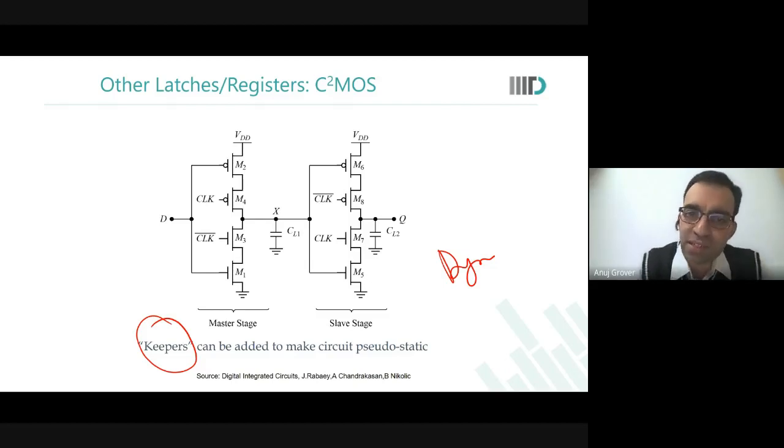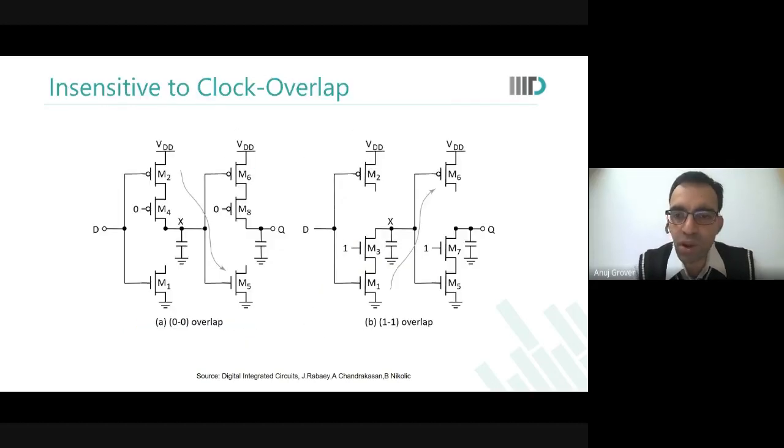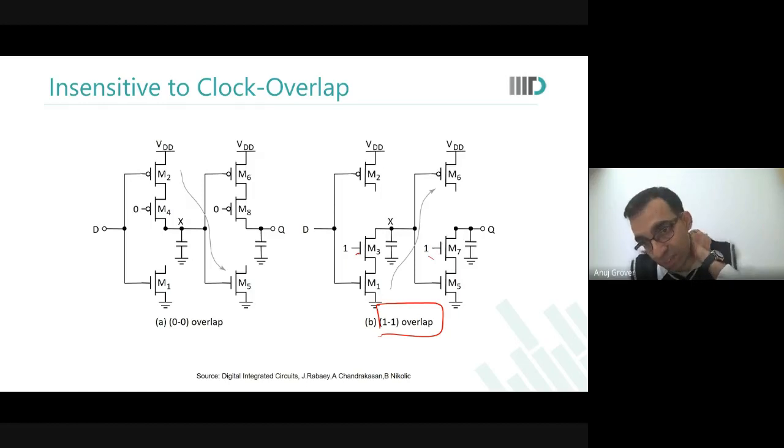So let us say there is a 1-1 overlap on the clock, on this flop. So one CK is 1, so this is 1. On the other side, this CK bar will take this to 1. The PMOSes will be off, and therefore you will not really have any corruption of data.